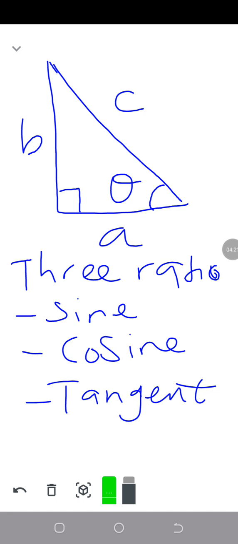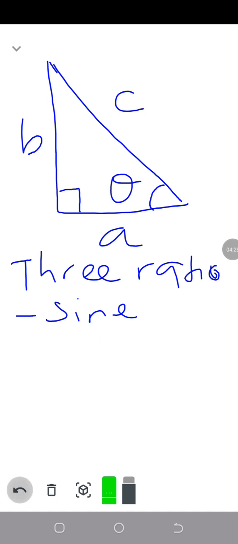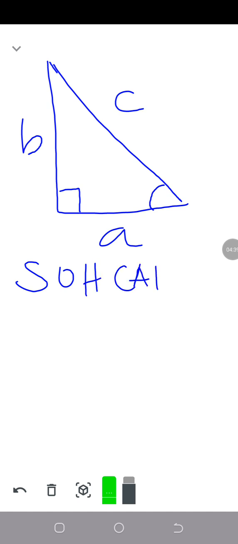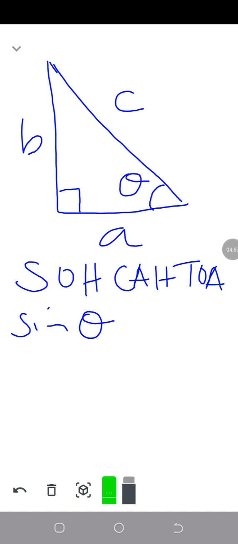Now, from the diagram, we know very well that from the formula of O-level, we used to have it as SOH CAH TOA, where sine of the angle, if the angle is theta, for example, let this angle be theta, will be the opposite over the hypotenuse.